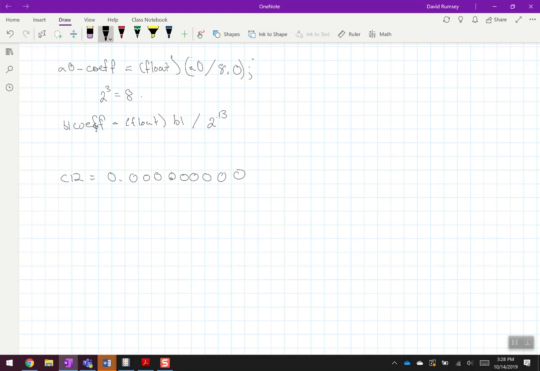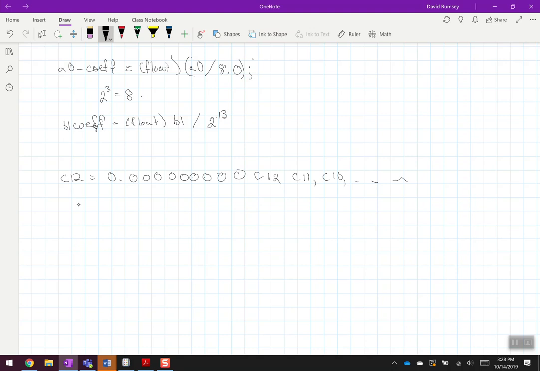So 9 zeros, and then we start with the C13. Well, actually, the 13 wouldn't be the one there because that's the sign bit. C12, C11, C10, so on and so on.